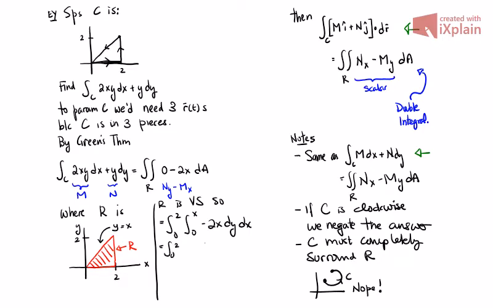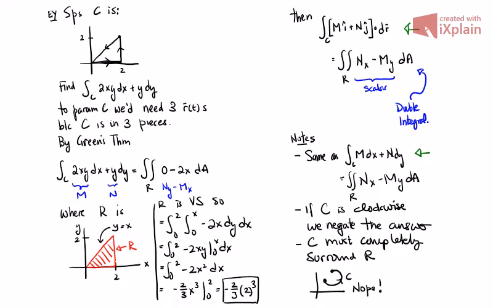Hopefully this will fit nicely. When I integrate with respect to y, we get this. Plug in the y values, because that's what we integrated with respect to. So again, negative 2x squared minus 0. Integrate this, get negative 2/3 x cubed, from 0 to 2, which is negative 2/3 times 2 cubed, and that's the answer.